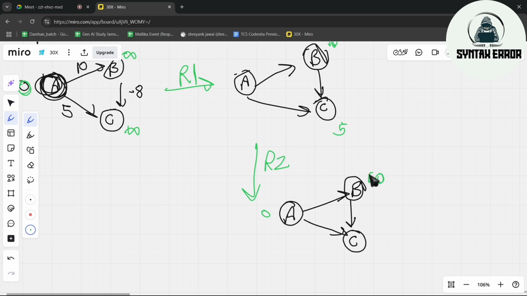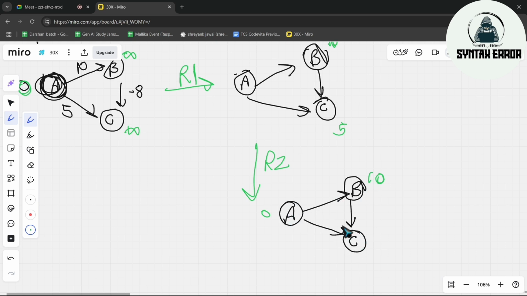First we will check the distance to this one. It will be this one itself. To reach C there are 2 ways. We can reach directly from A, or we can reach from A to B and B to C. But when it comes to B, there is only one way, from A. So our final answer there is 10 itself.